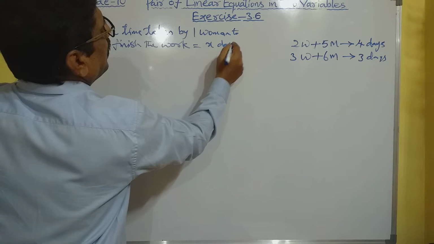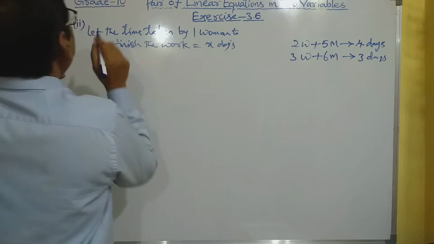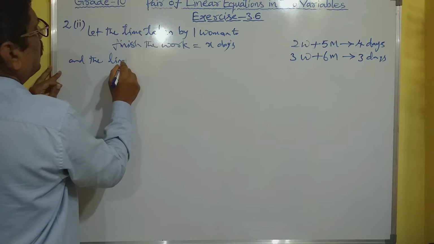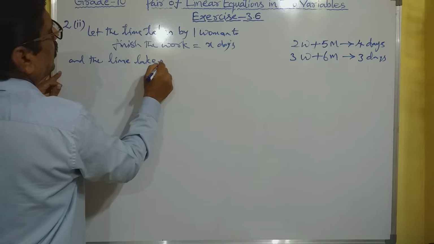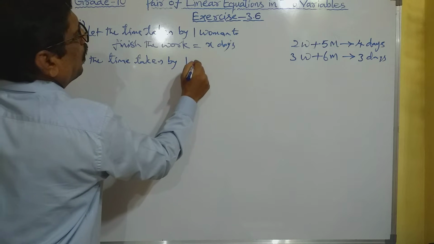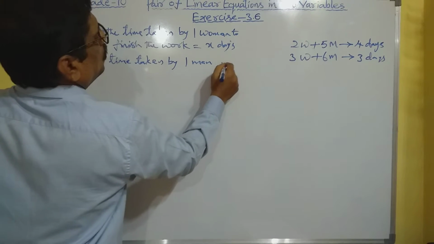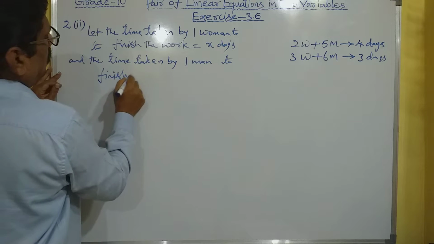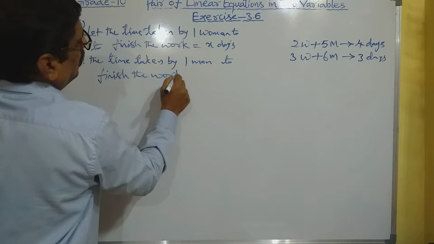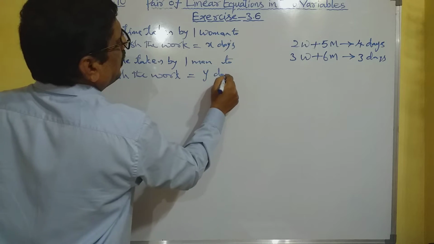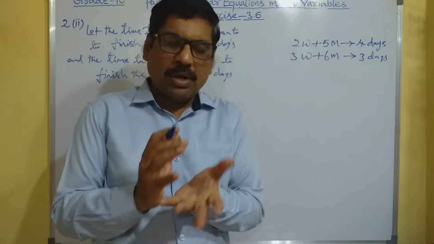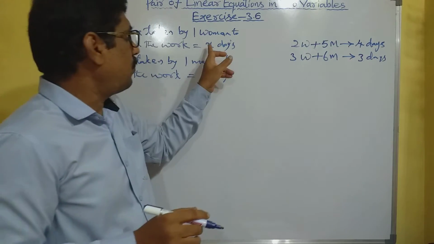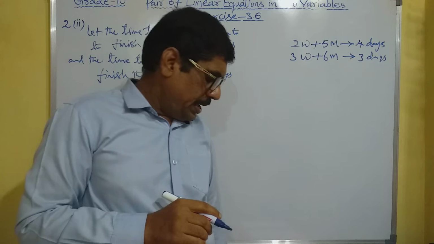We have taken x days, and in the same way, the time taken by one man to finish the work is equal to y days. We have taken y days. Okay, we have taken the time taken by one man to complete the work as y days, and one woman can complete the work in x days.